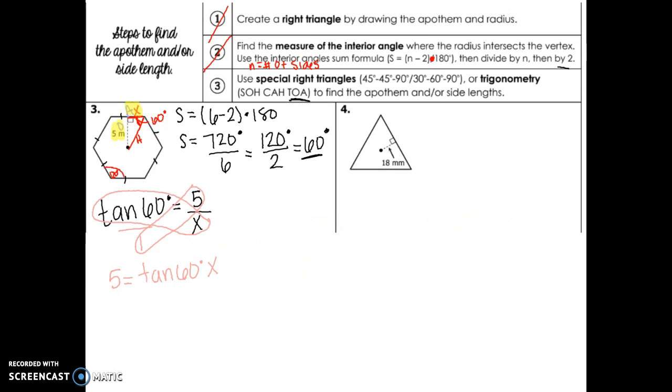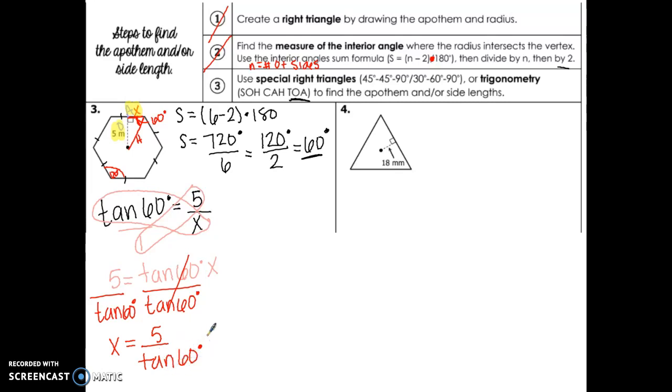We are trying to solve for the x, so let's divide 5 by the tangent of 60. This gets canceled. And so now we have x is equal to 5 divided by the tangent of 60 degrees.